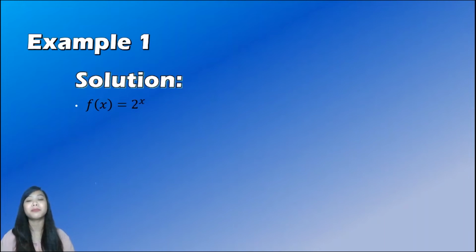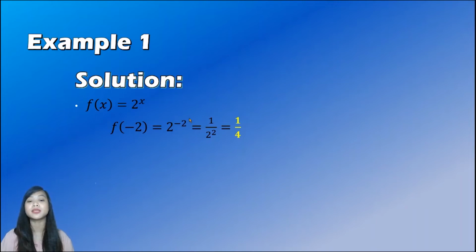So let's get from those real numbers. Let's start from negative values to positive values, say -2. So we need to substitute -2 to our function. So f of -2 is equal to 2 raised to -2.